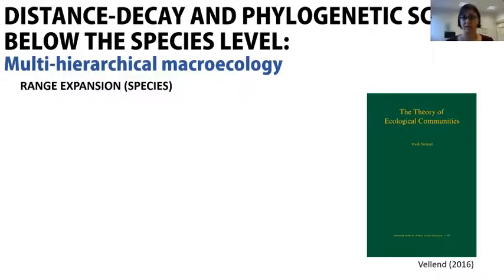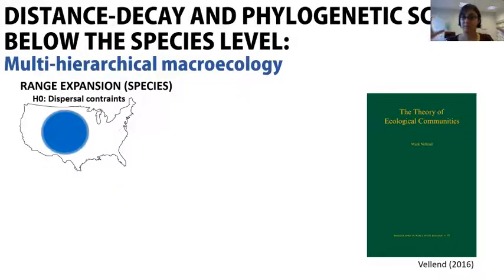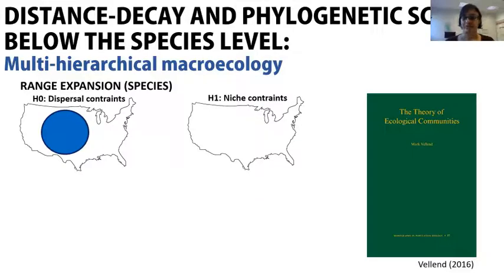If there are only dispersal constraints, it will just spread like a water drop in all directions. Andrés will talk a little bit later about this type of pattern, which Adrian Castro, one of our PhD students, has also studied. We have published a very nice paper on that. But the range of a species can also be constrained by niche processes.